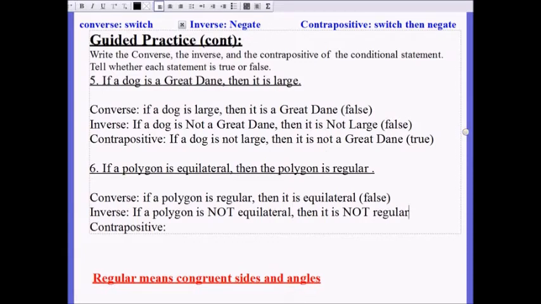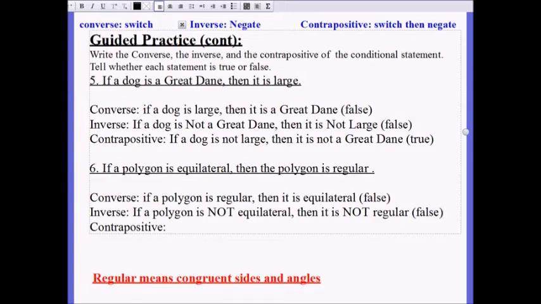Same thing here. Like we said in the converse, a polygon can be equilateral and not regular. So if a polygon is not equilateral, then it's not regular. That's a false statement.